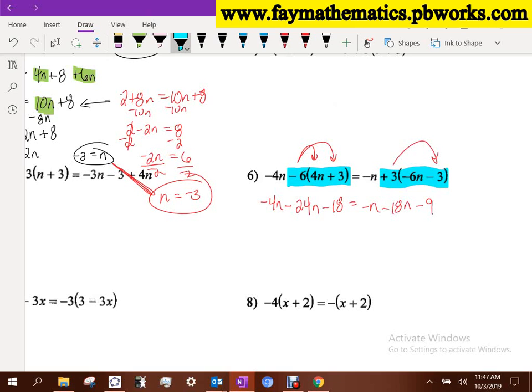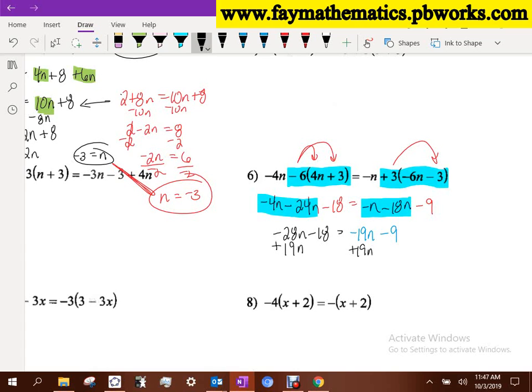We'll combine like terms, so over here I've got multiple terms with n in it, so it'd be negative 28n minus 18 equals, now on the right hand side I've also got multiple n's, so it'd be negative 19n minus 9n. I'm going to, let's just leave this one here, and let's move this 19n over.